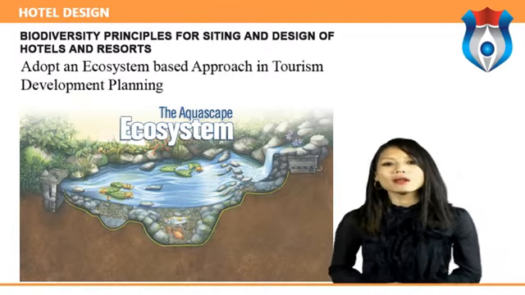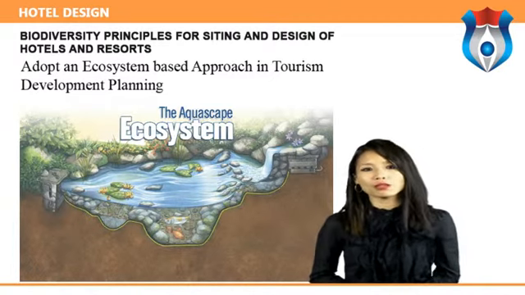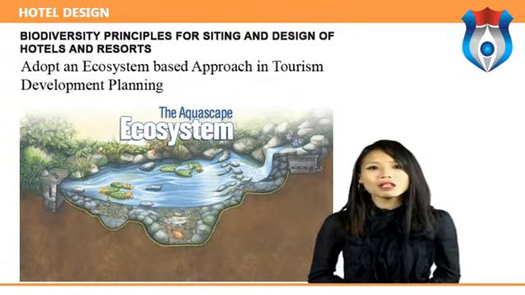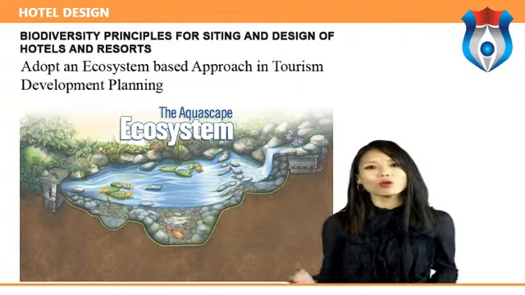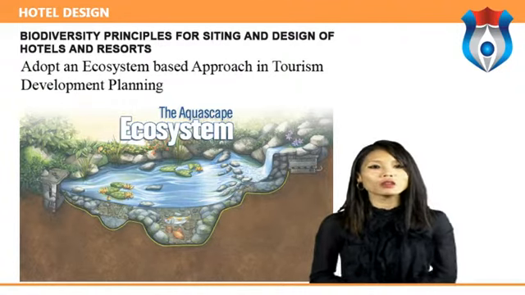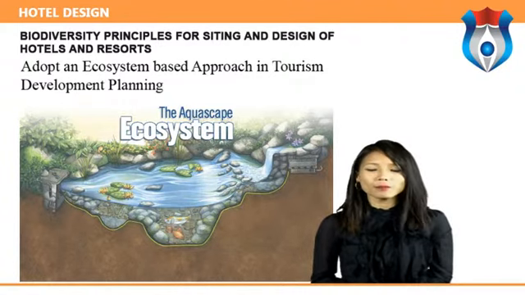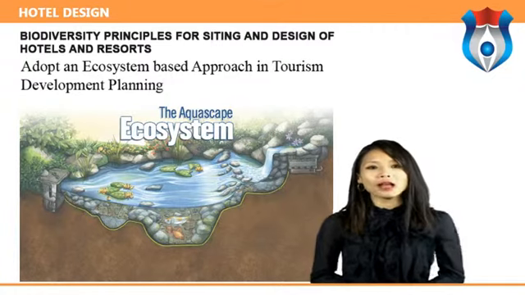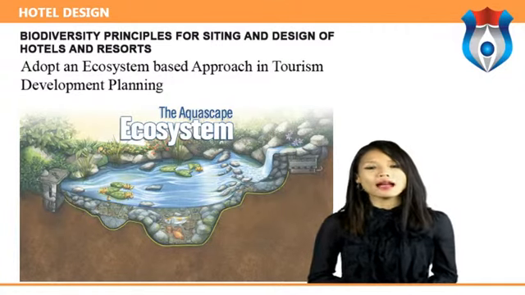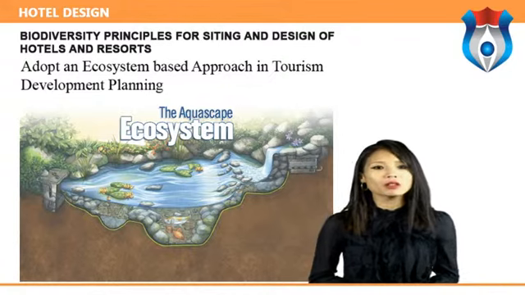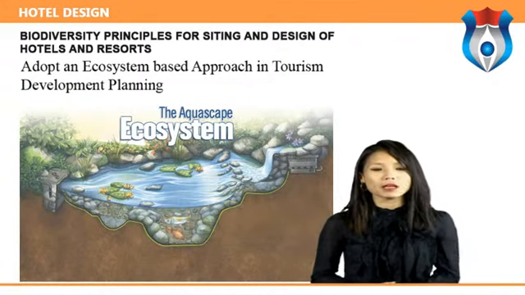An ecosystem-based approach helps identify and address cumulative and multi-source impacts of hotels and resorts. An ecosystem-based approach also calls for intersectoral cooperation between tourism, finance, land use planning, academic institutions, and natural resource management departments and agencies in decision making.